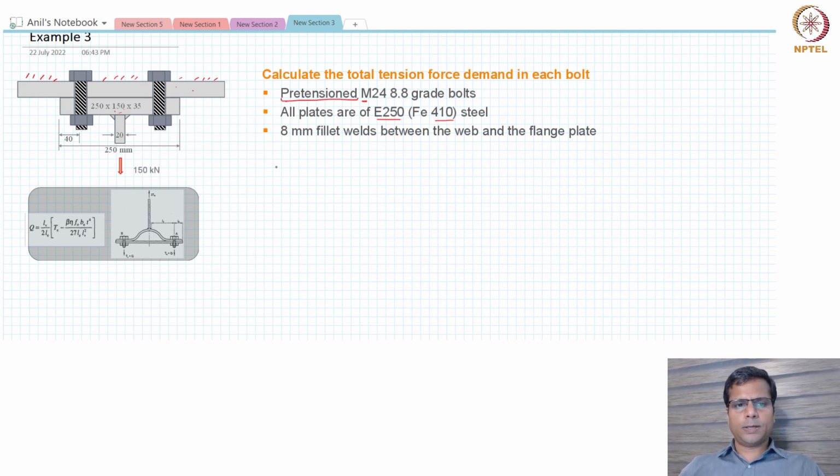So each bolt is likely to have a force equal to 150 kilonewton divided by 2 plus the Q force. So we need to calculate what is the Q value, right?